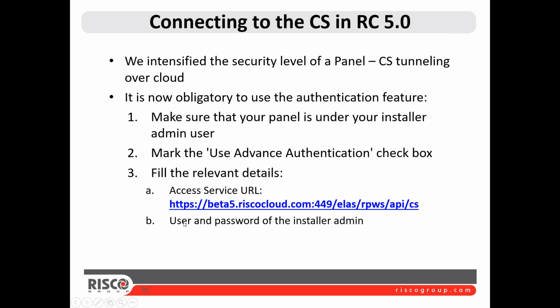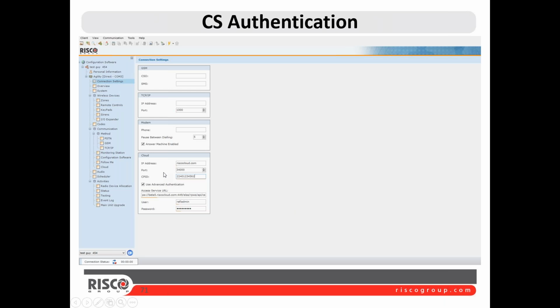Okay, so as well as the URL that you have to add, you also need to put in this username and password. All right, so this is the additional authentication. So when you click on use advanced authentication, it opens up these new fields which you need to populate. Now, when the cloud goes live, it won't have Beta 5.